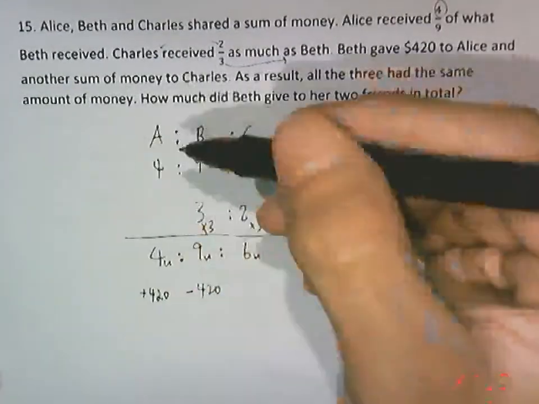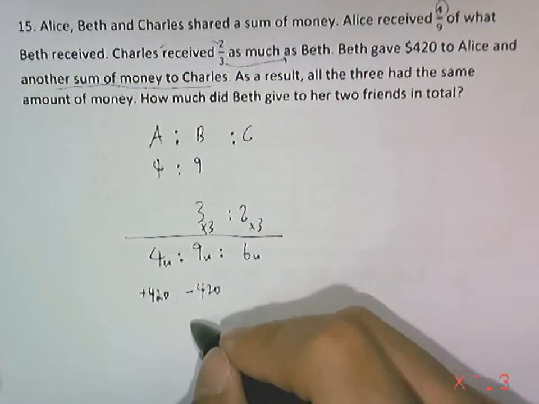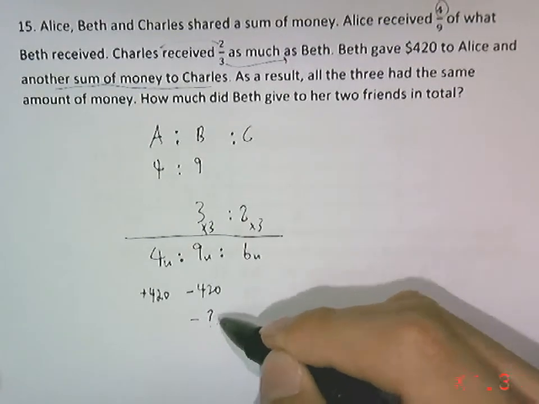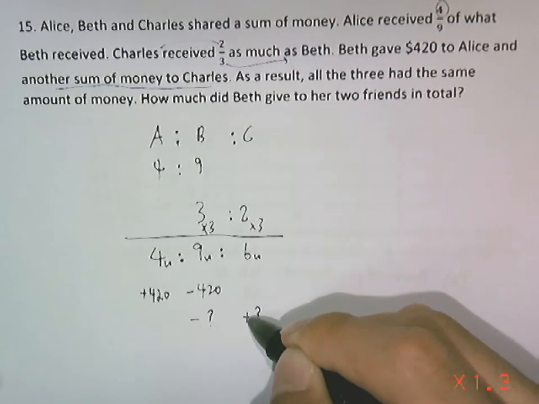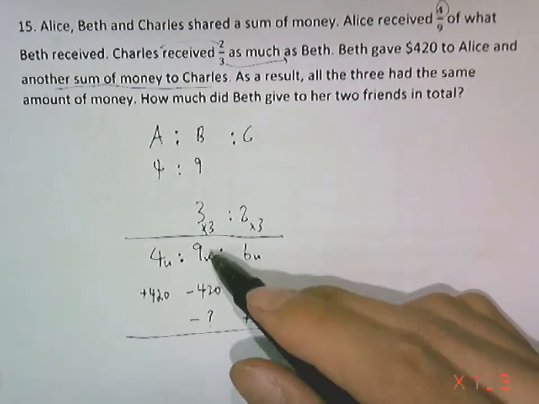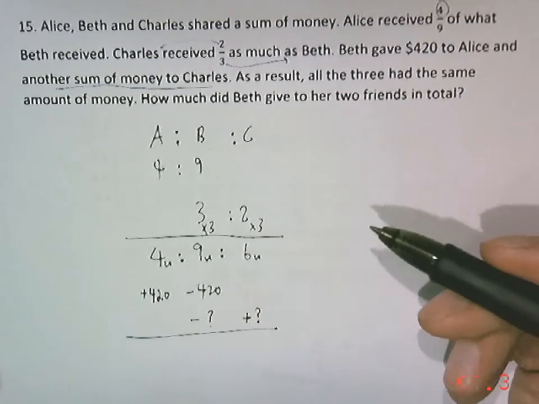And another sum of money to Charles, which is unknown to us, so you can put a question mark there. Beth takes away some more money to give to Charles, so Charles must add in the money. Later Charles will have more, Beth will have less, while Alice will have more also.